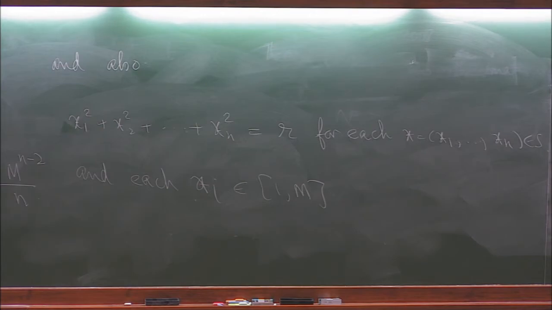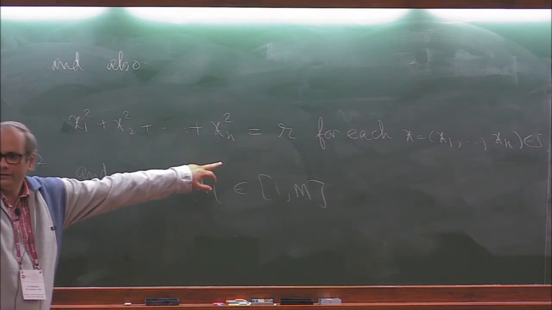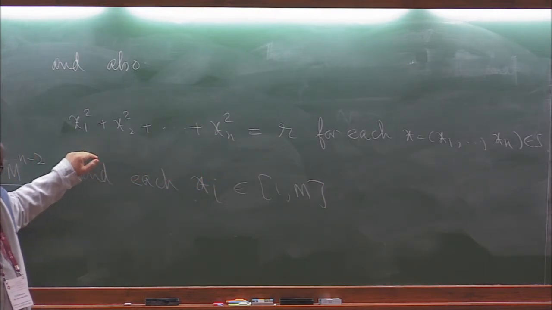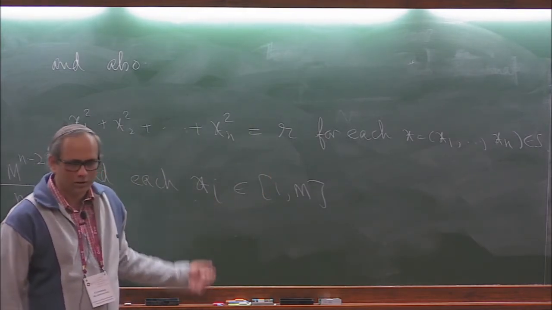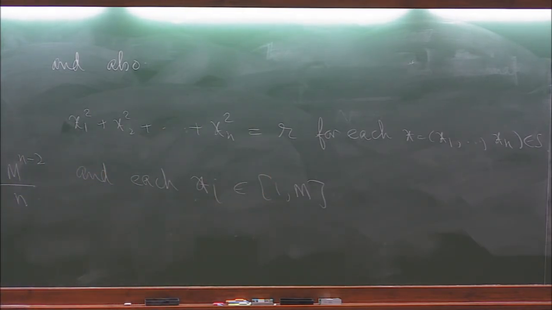So you have a set of at least this many n-tuples, which all lie on a sphere. The main property is that they are all integer points on the same sphere, with coordinates all between 1 and m, and this follows from pigeonhole.